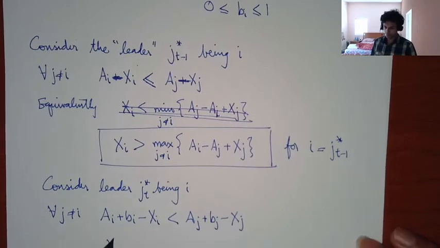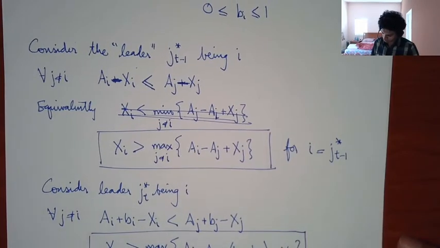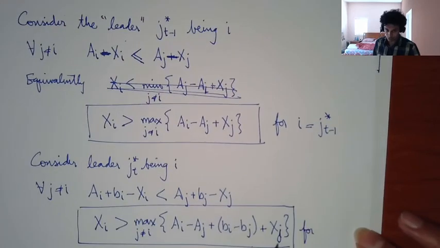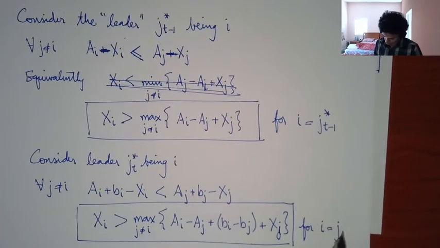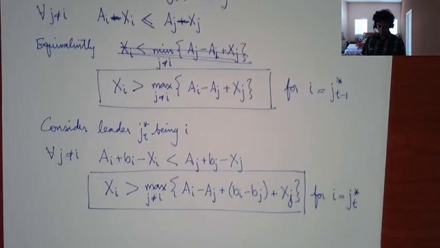So you get essentially an equivalent condition: x_i is greater than or equal to the max over j not equal to i of A_i minus A_j plus b_i minus b_j plus x_j. This is the condition for i being equal to J_t^*. Does this make sense?